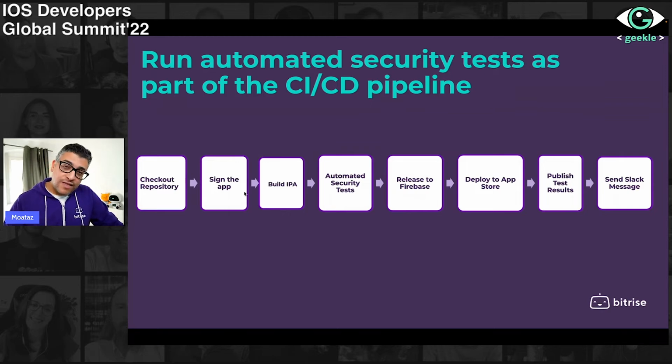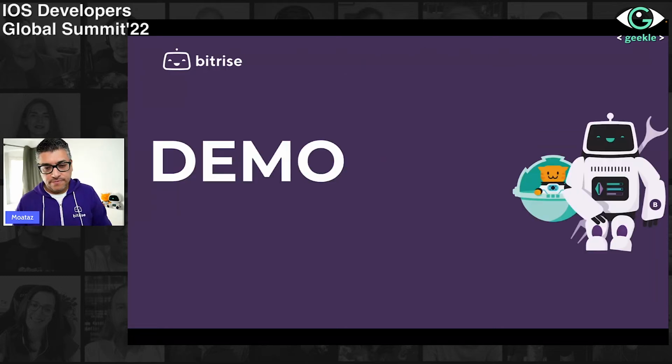And once everything is green here, we can start the CD part, which is continuous delivery or continuous deployment. Maybe we can deploy it to Firebase for your beta testers, or to TestFlight also, or deploy to the App Store, or publish the test result and send a notification.